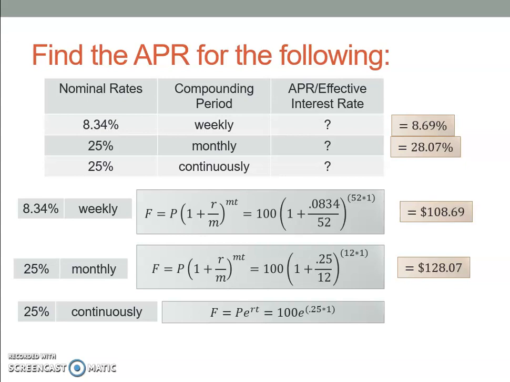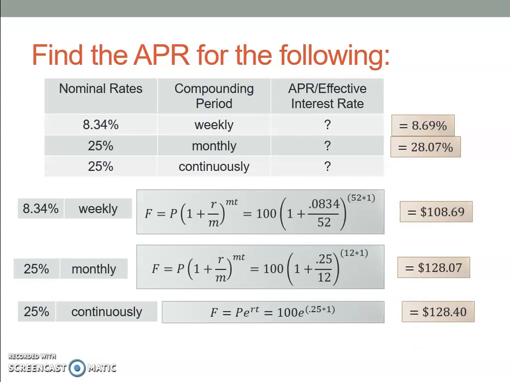The rate is 25%, so in decimal form, that's 0.25. And the time that we're using, since it's annual, is equal to 1. Again, you can take out the 1. That should not matter. And if you do it correctly, I hope you remember how to put the e and the exponent on your calculator.